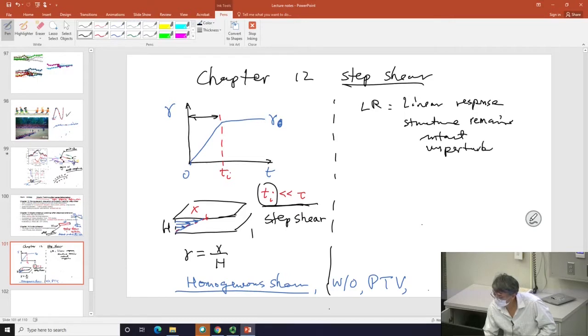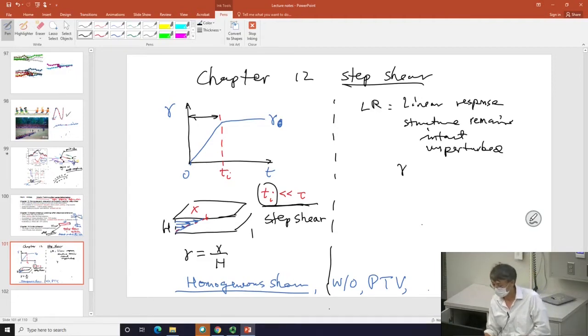What do we mean by unperturbed or intact? It means the entanglement remains entangled. The entanglement state is unperturbed. How do you achieve that? Well, you achieve that by making the amplitude of step strain small.